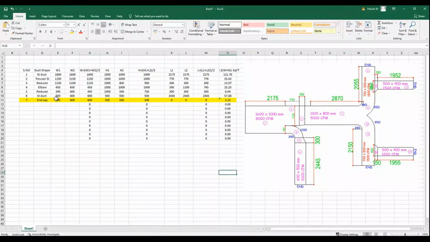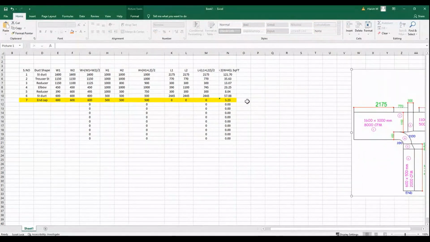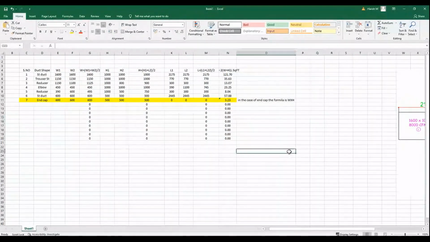In this case only, end cap का case only width into height लेता है. In the case of end cap, the formula is width into height. इसलिए हमें end caps लास्ट में डालना पड़ेगा, तब आपको इजी हो जाएगा. ठीक है.